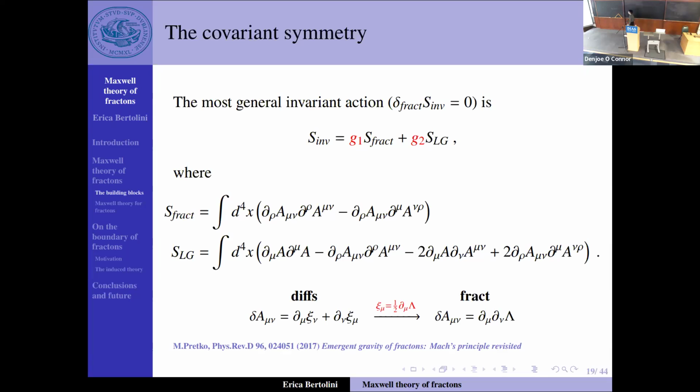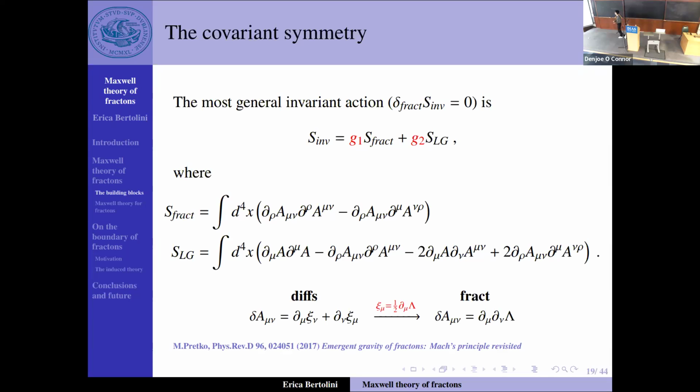And this is the first result because it was always suspected that there was a relation between fractons and linearized gravity, due to the fact that we are dealing with a rank 2 symmetric tensor field, but the relations were more subtle. However, here it is immediate.